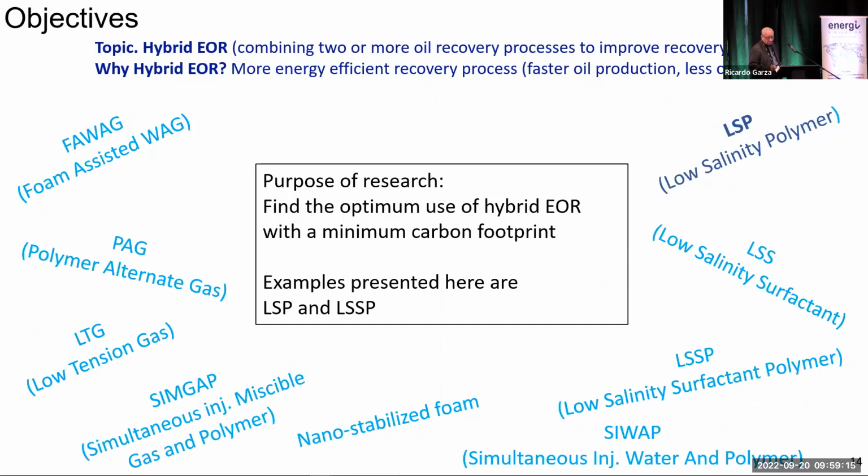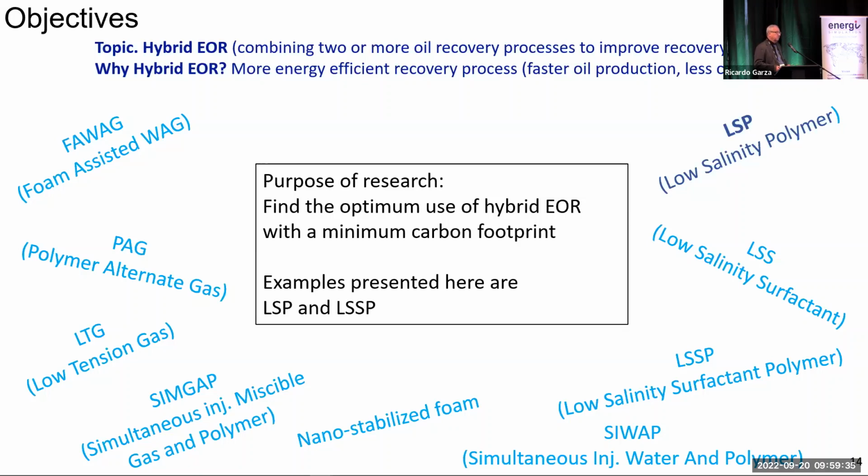One other case for more energy efficient recovery processes is, in addition to fast oil production and less carbon footprint for that reason, to also use less chemicals, less polymer.